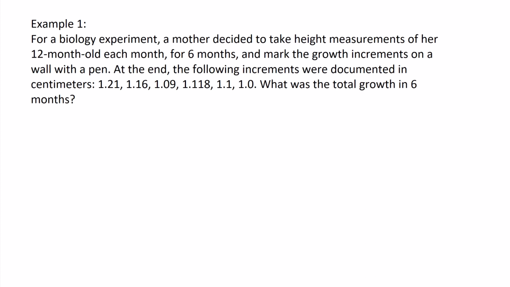If each one of those lengths represents an increase in height of the child over the 6 month period, we can add them all up. Notice that I'm being careful to keep my decimals all lined up and my place values all lined up.